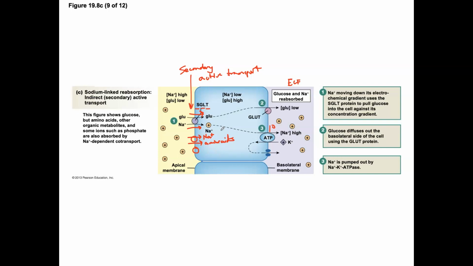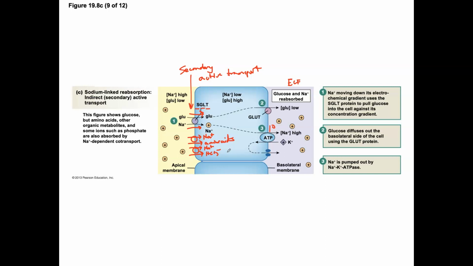We could also move ions. So sodium can move into the epithelial cells and then bring other ions with it, perhaps bicarbonate ions, hydrogen ions, and so forth. So we see secondary active transport with sodium and ions. We see secondary active transport with sodium and lactic acid, sodium and citric acid. And so the list goes on and on.